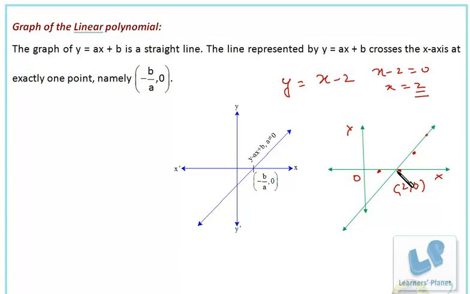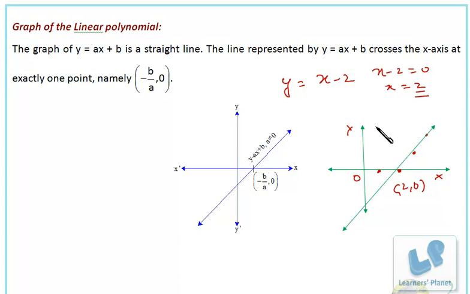Now, the line represented by y equals ax plus b crosses the x-axis at exactly one point. We have seen that it will cross the x-axis at exactly one point. That means for a linear polynomial, we'll be getting a single zero. That means only a single value of x can make y as 0, right? In this case, the single value is 2.